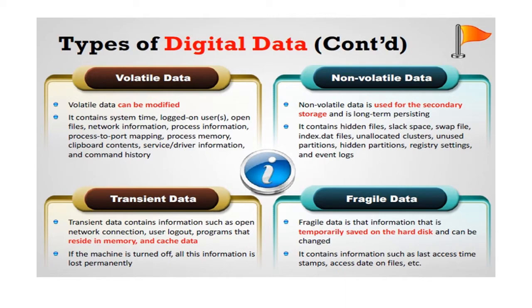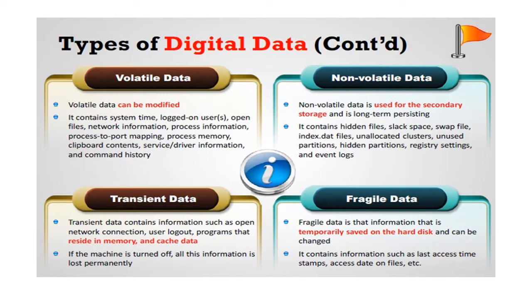So as an investigator, you need to know the type of digital data that you want to collect as evidence. Why? Because failure to do so will lead to loss of vital evidence that might assist us to solve a particular incident.